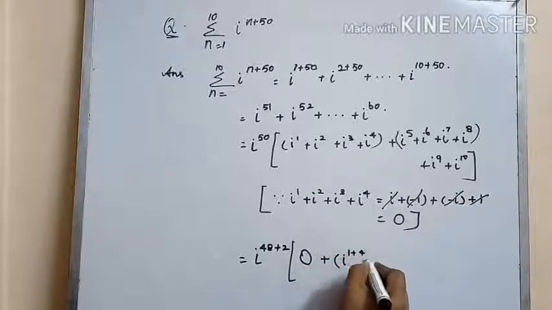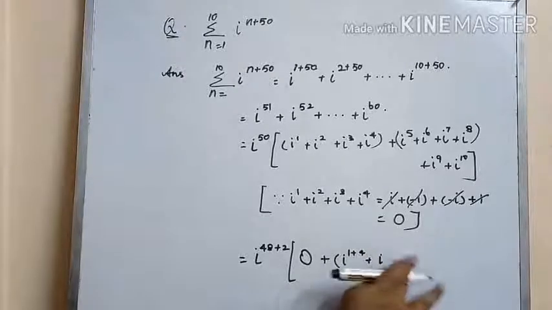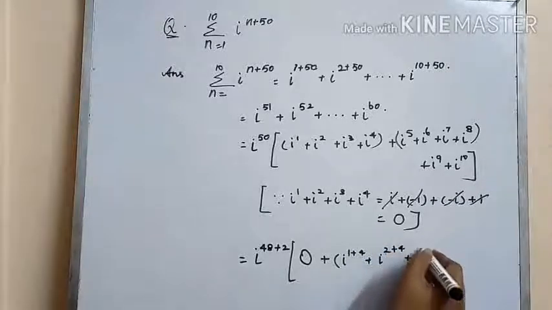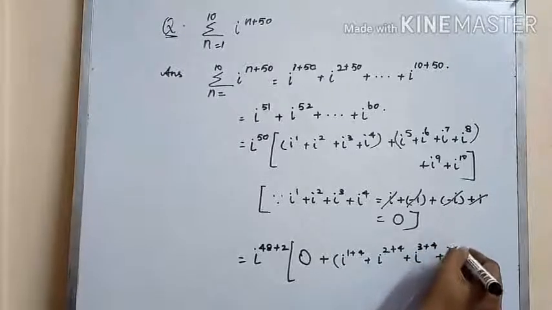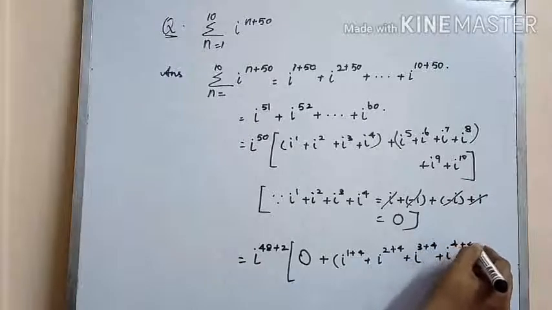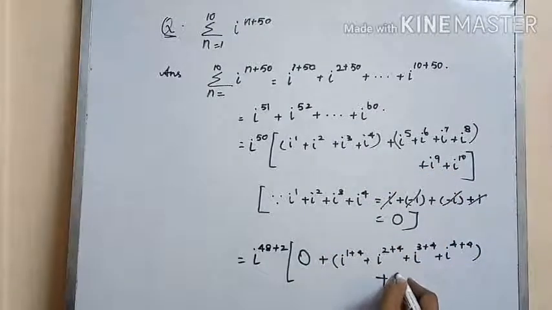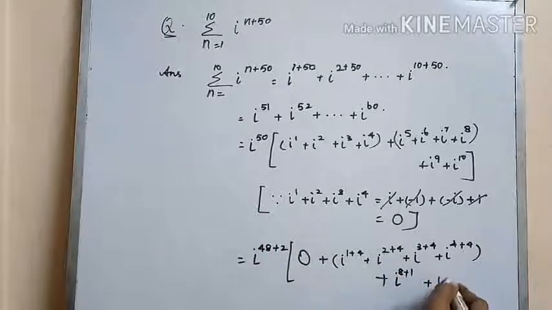And the next bracket will reduce to i to the power of 4 plus 1, i to the power of 4 plus 2, i to the power of 4 plus 3, and i to the power of 4 plus 4, and i to the power of 9 can be written as 8 plus 1, and i to the power of 10 as 8 plus 2.